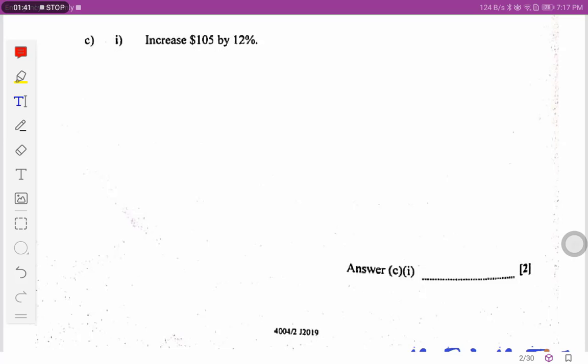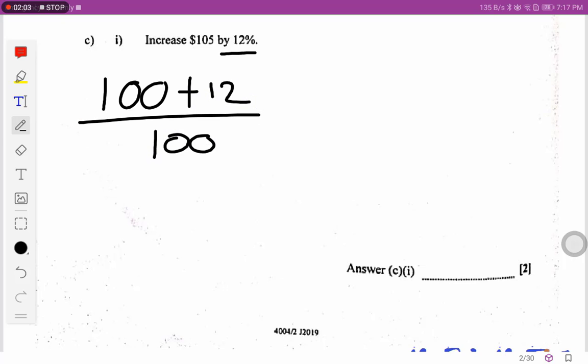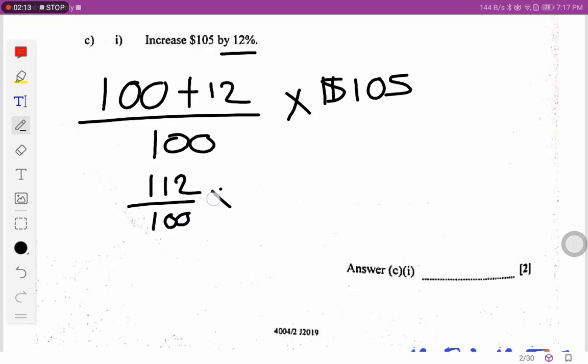The next question is saying increase $105 by 12%. So what it means is this. Since we want to increase by 12%, we can say 100 plus 12 over 100, which is the original. Then we multiply by the number of dollars that we have, 105. So this will be 112 over 100 times $105.